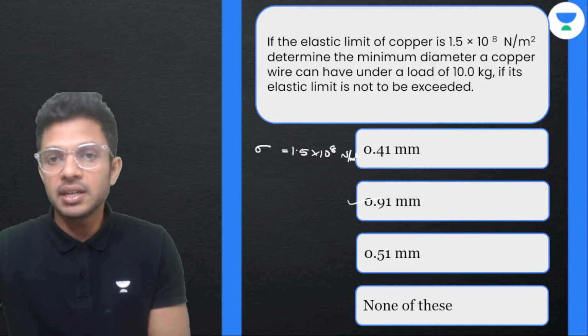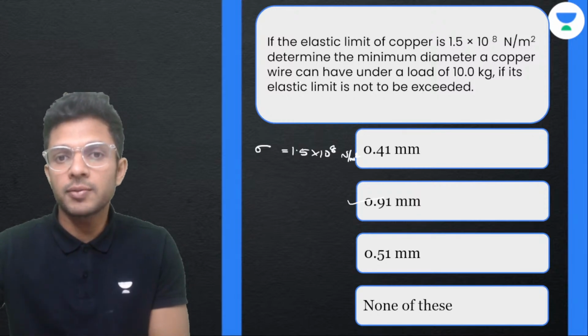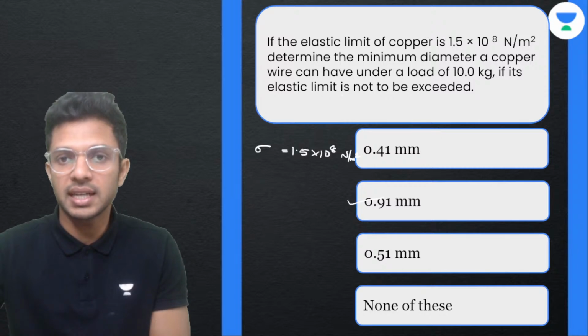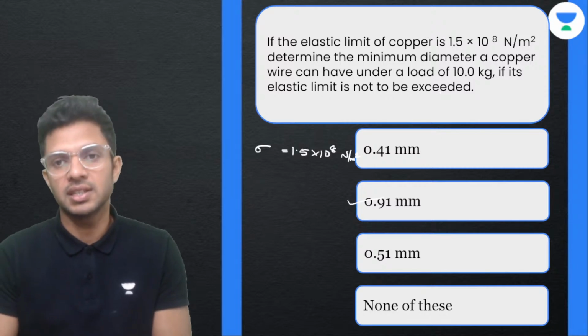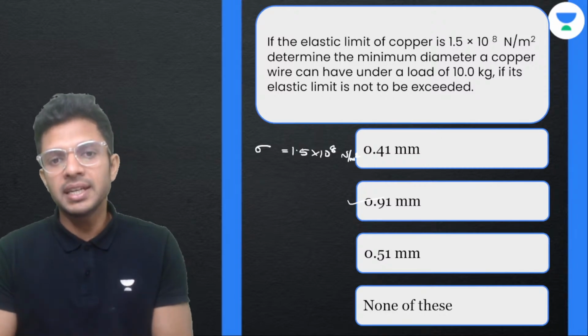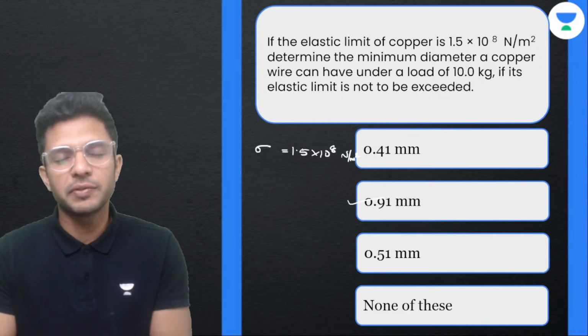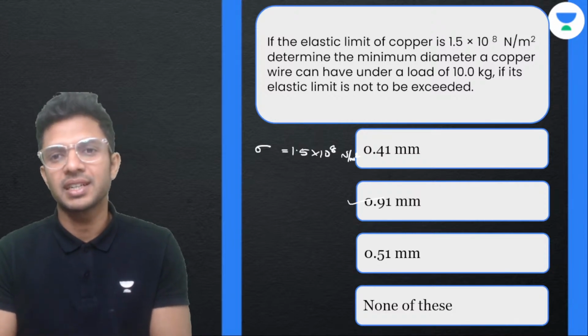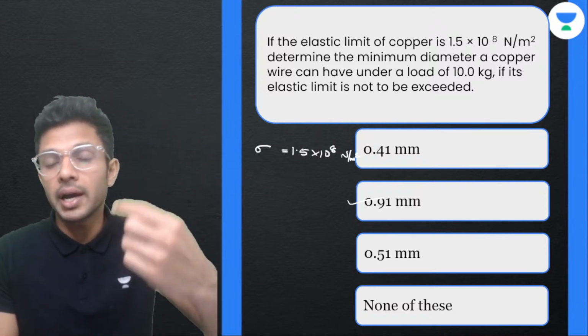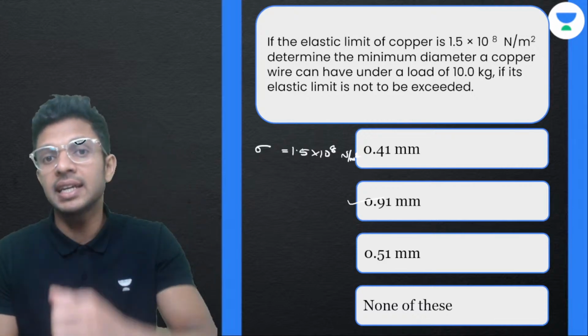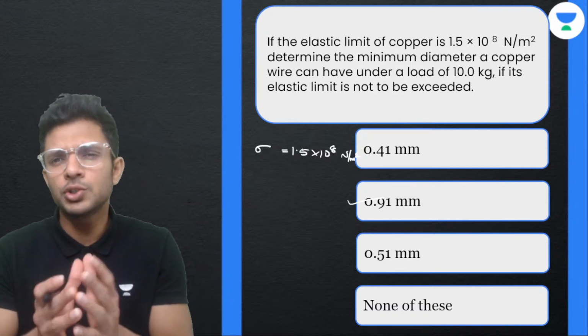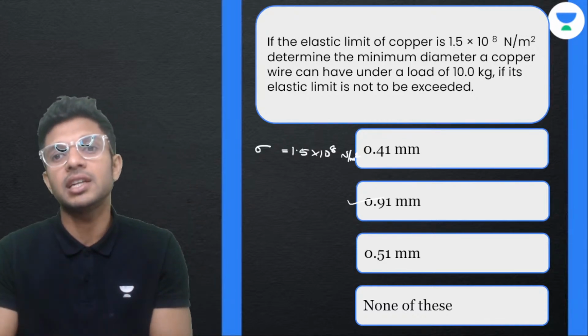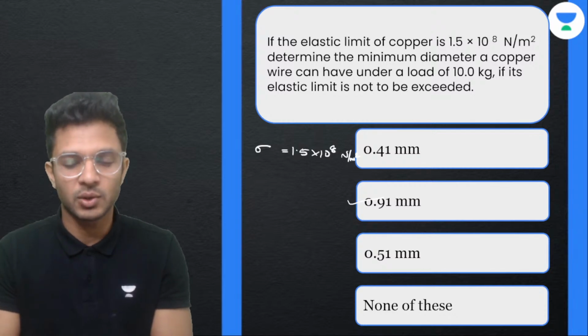Now, determine the minimum diameter of a copper wire that can carry a load of 10 kilogram if its elastic limit is not to be exceeded. For a material with this specific value of stress, if it has to carry a maximum weight of 10 kilogram, what should be the minimum diameter it should possess? That's the question.